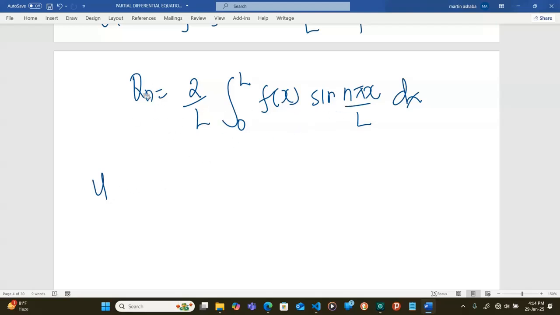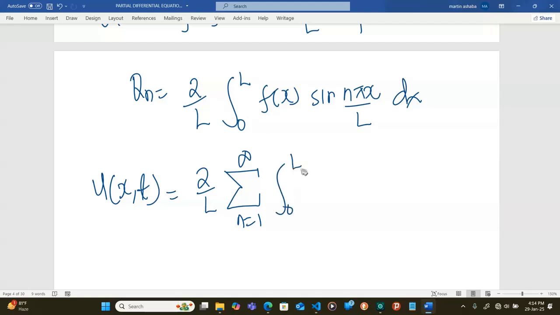If you get 2n, therefore, u(x,t) is going to be 2 out of L times the summation from n equal to 1 up to infinity, then we are multiplying this integral from 0 to L of f(x) sine(n pi x out of L) dx, in a curly bracket.